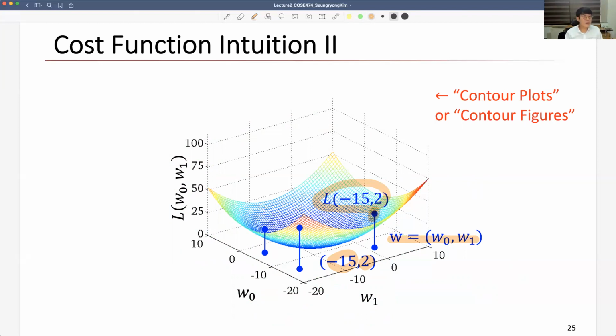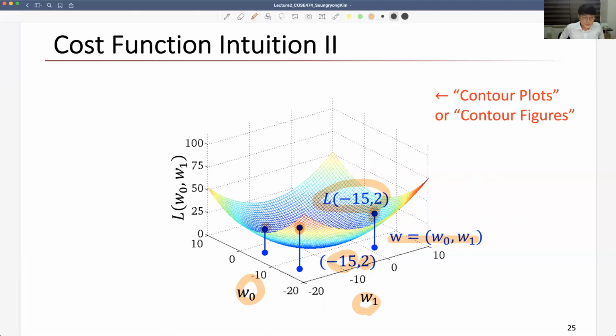If we vary the combination of W0 and W1, the cost value looks like this, right? Then what I want to do is to find the minimum on this cost curve, right?